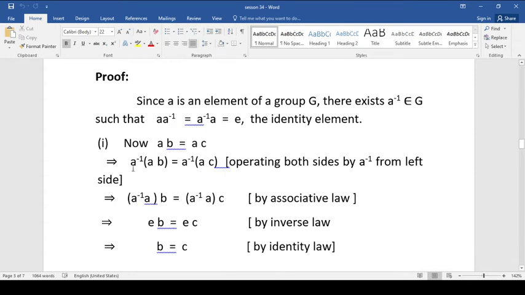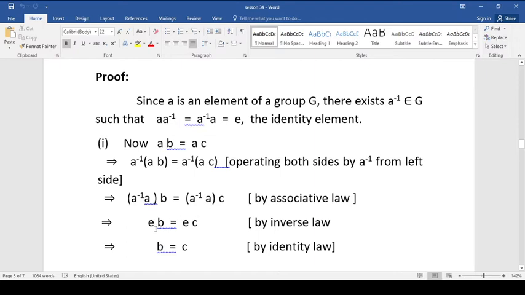So operate both sides by a inverse from the left side, and then by using the associative law we can write this as a inverse into a into b is equal to a inverse into a into c, and a inverse into a is nothing but the identity element, so that we get e into b is equal to, and here also a inverse into a is the identity element, and hence we get here e into c.